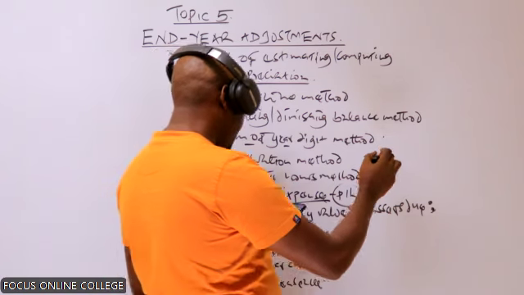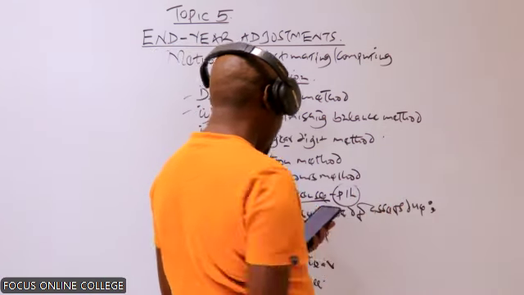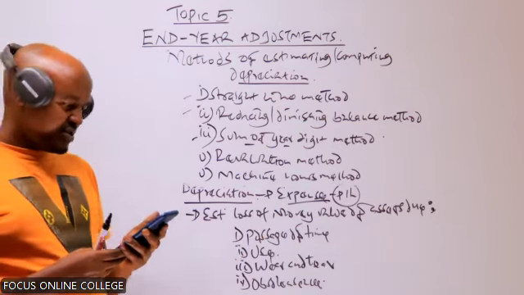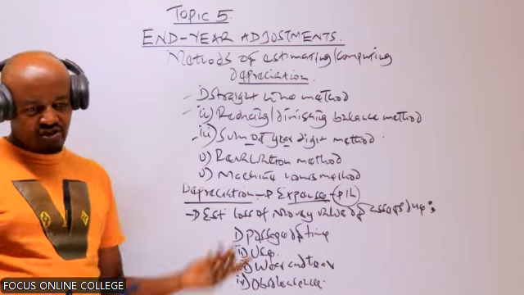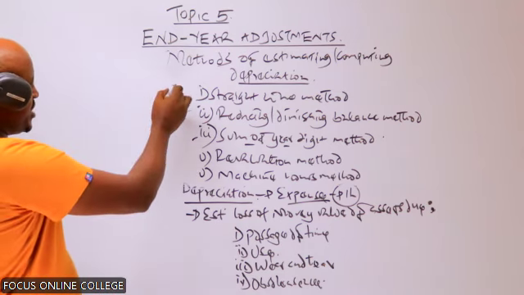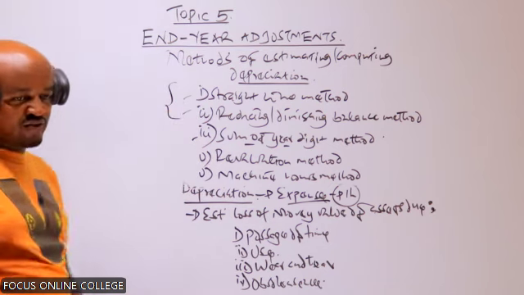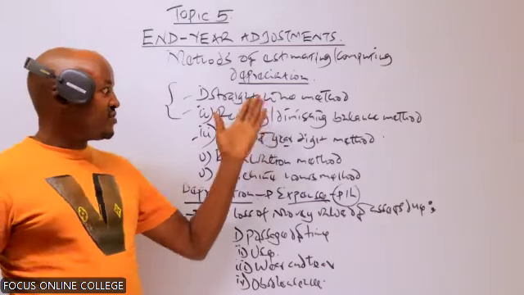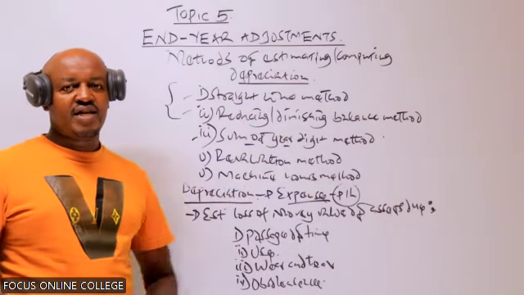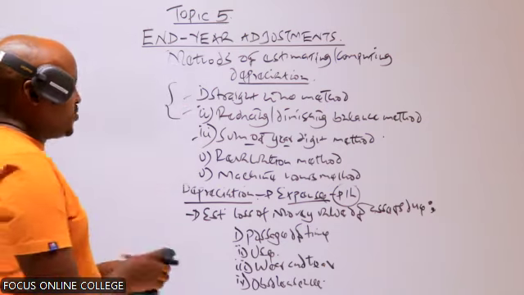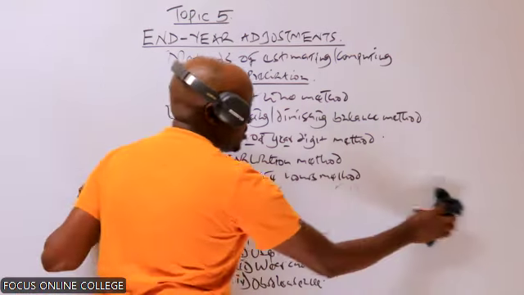And finally, number six, depreciation units. Let's just talk of those methods, because once we start doing questions from past papers, usually you'll be told a company depreciates the asset using either straight line or the reducing balance method. So the two main methods of estimating depreciation are the first two.